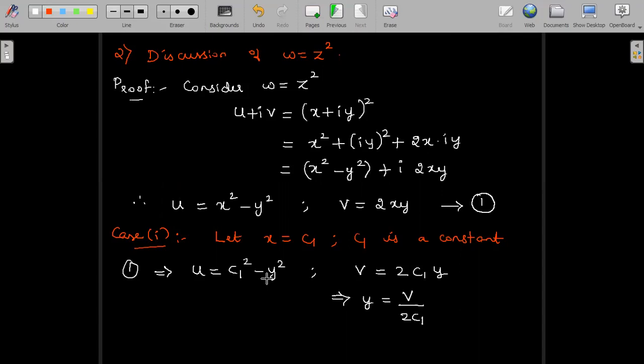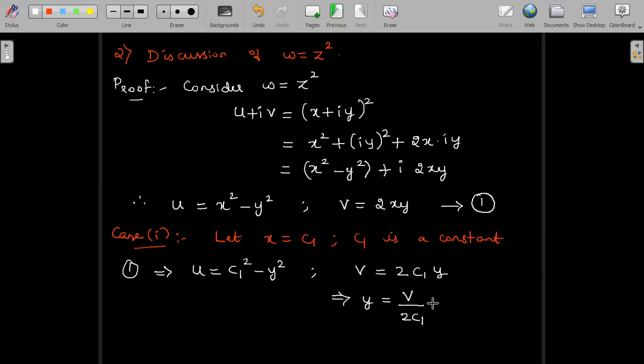This way of doing will help us eliminate y first, and substituting into the first curve, we will be able to obtain a curve with respect to u and v.